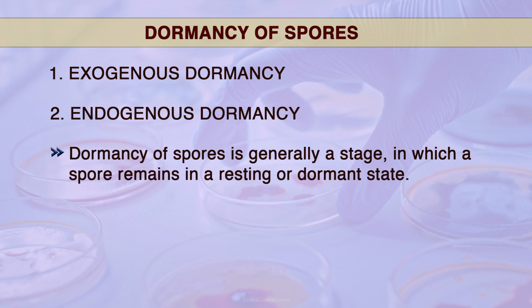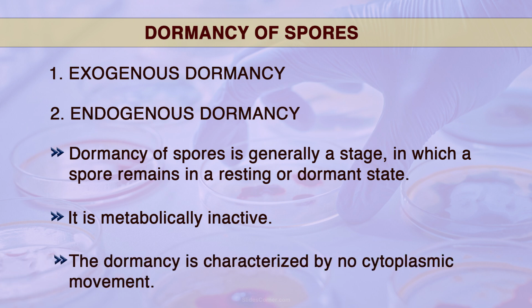So, the dormancy of the spores is generally a stage in which a spore remains in a resting or dormant state. It is metabolically inactive. The dormancy is characterized by no cytoplasmic movement. Some internal and external factors can affect dormancy.